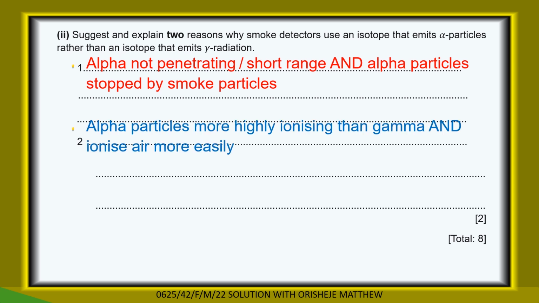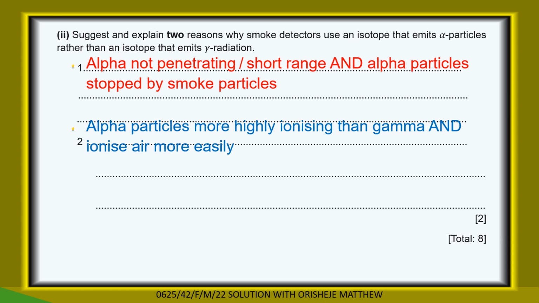Also, the alpha particle is more highly ionizing than gamma. Because of its size, it ionizes air molecules more easily than gamma radiation. The smoke detector is to alert the owner that there is a fire so that it can be detected on time. If you use gamma rays, it's going to take a longer time before the alarm goes off.